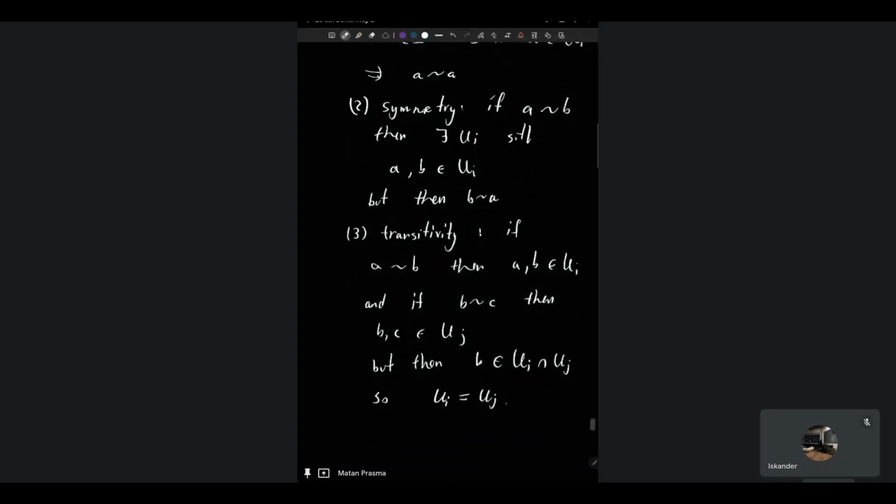And if U_i is equal to U_j, it means that a, b, and c are simply in the same set, let's say U_i, and this means in particular that a is equivalent to c.